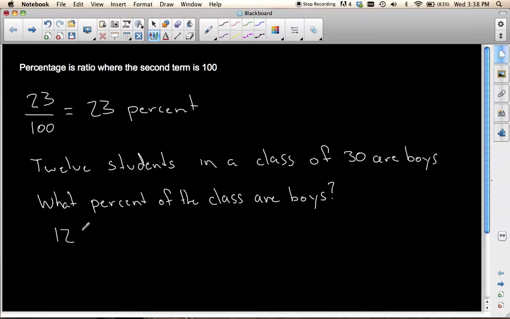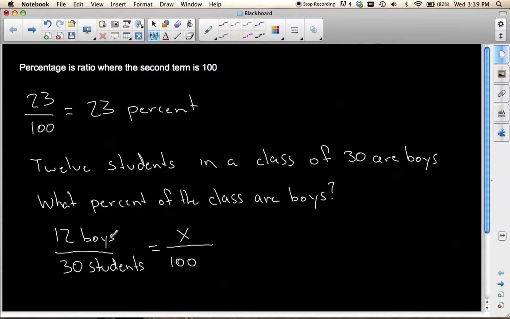So we know we have 12 boys, and we know that 12 are boys out of 30 students. And what we're trying to do is figure out what is the percent that are boys. So this 30 students is my entire class, and this is my whole percent.